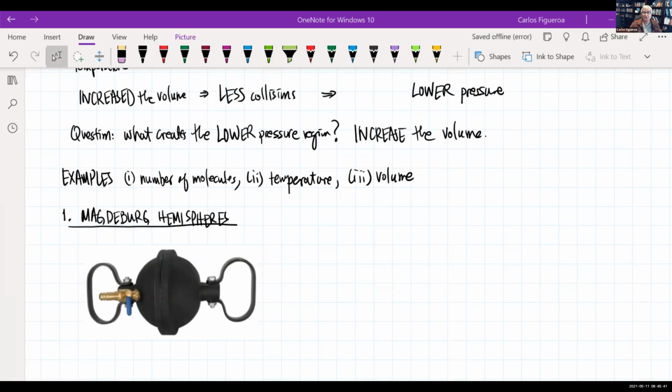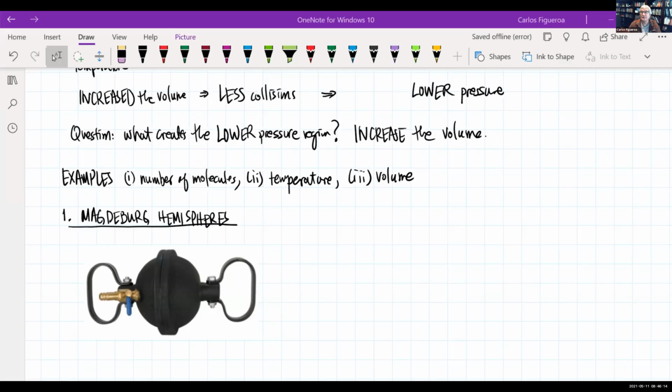And so what's special about the Magdeburg hemispheres? Magdeburg hemispheres were first created by a guy who was going to first look at, how do I say this, talking about whether atmospheric pressure was strong or not.